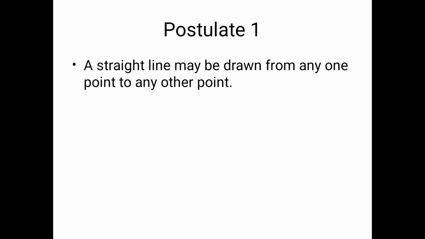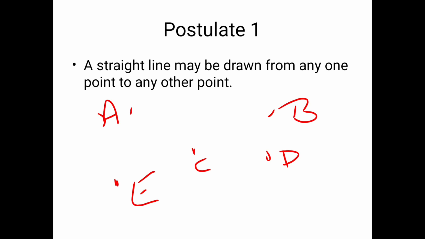What does postulate 1 say? It states that a straight line may be drawn from any one point to any another point. If I consider any random points on a surface, now I have taken some random 5 points here, A, B, C, D, E. And our postulate states that a straight line may be drawn from any point to any another point. If I consider point A, it can be extended to any another point, maybe AB.